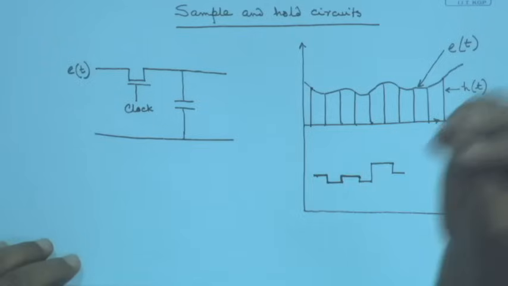How can we approximate a signal and yet say that with whatever information I get, I can reconstruct that signal? For that we will discuss in detail in the next class.